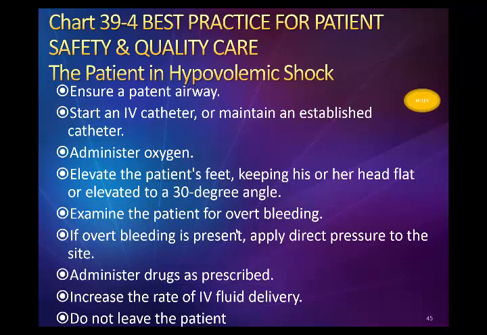We are going to put them flat with the head of the bed elevated to a 30-degree angle. And we're going to examine them for any signs of obvious bleeding. Administer drugs. If we need vasopressors, we can give those. Increase the IV fluid delivery. And don't leave the patient, so stay with them.